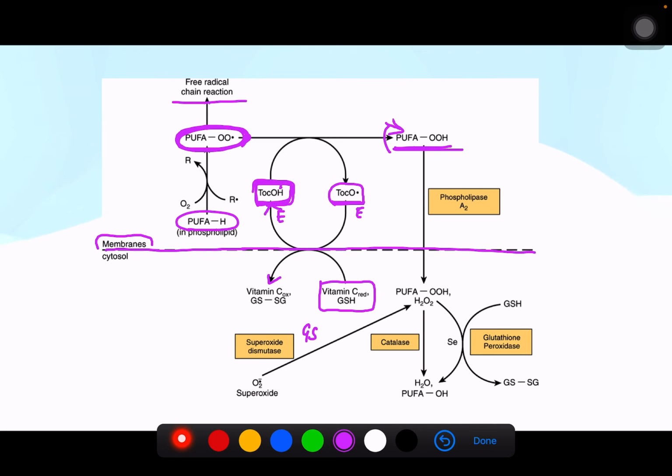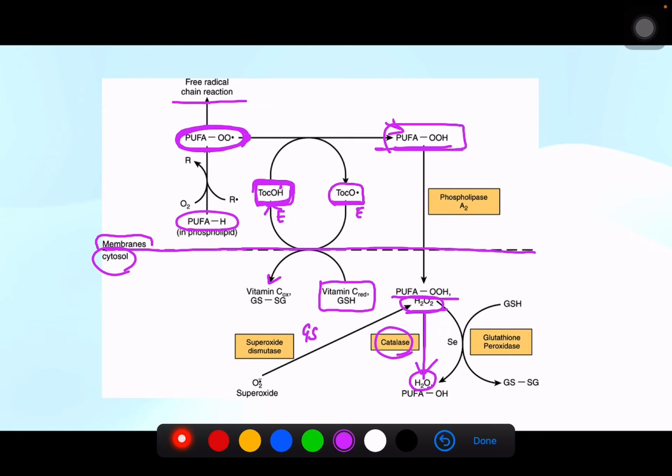So this PUFA which is being formed can get converted to PUFA and hydrogen peroxide inside the cytoplasm. If this happens, the hydrogen peroxide should be removed by catalase, converting it into a water molecule.